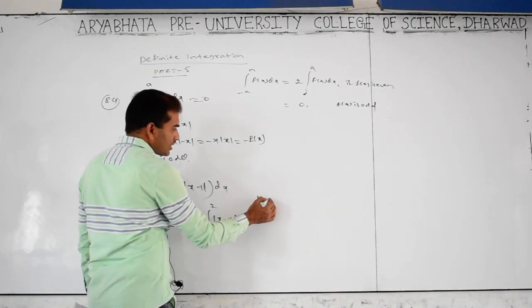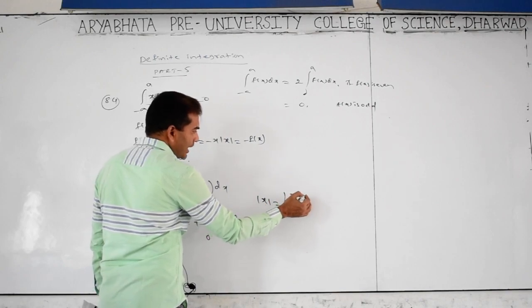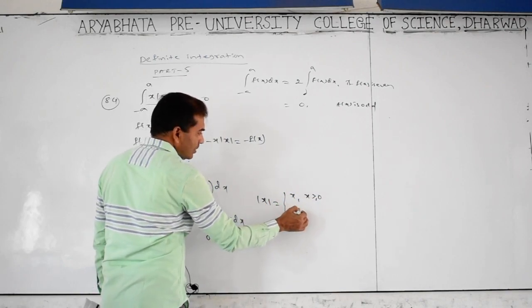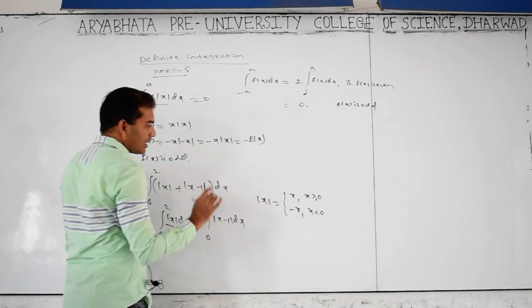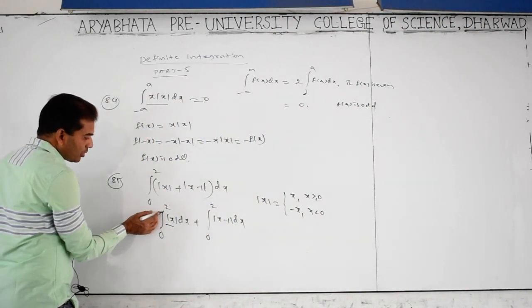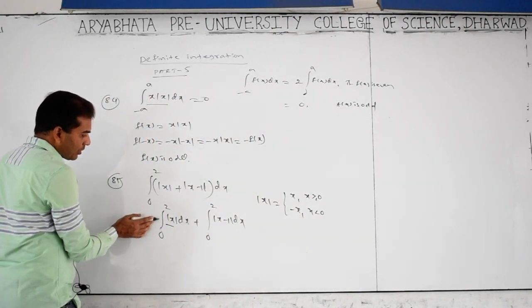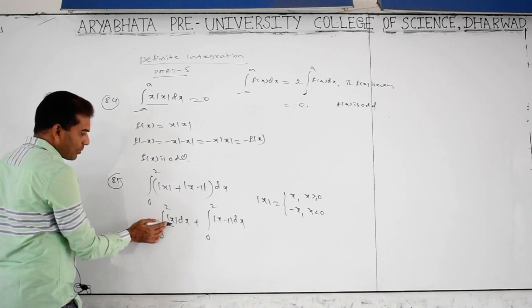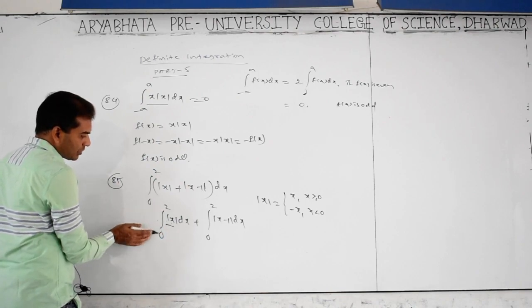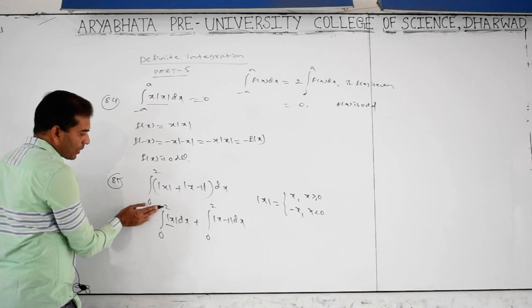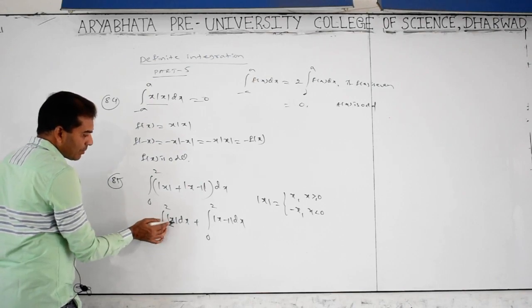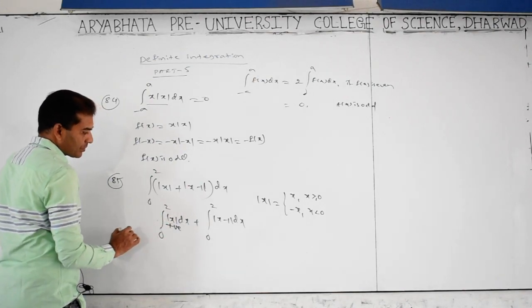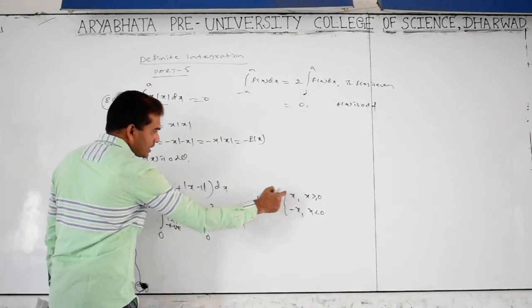By using this concept: mod x is equal to x when x is greater than 0, minus x when x is less than 0. So in the 0 to 2 interval, any number you take and substitute here, you will get positive or negative? Positive, because the lower limit is 0, upper limit is 2.